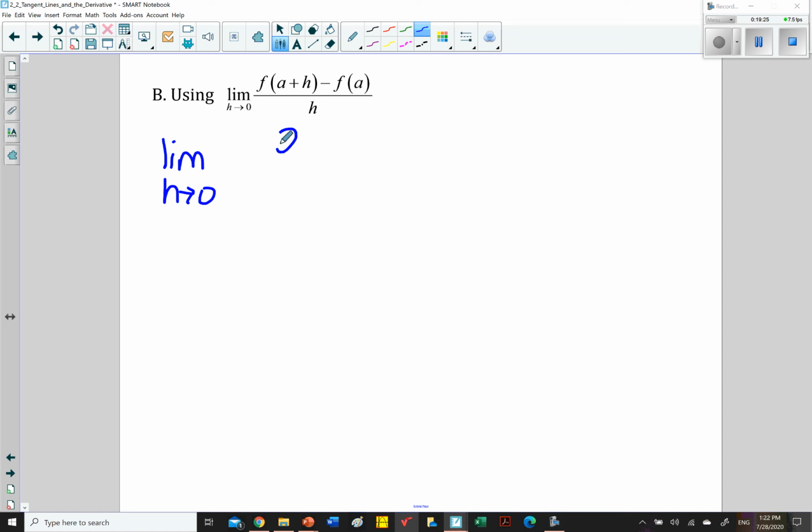So in this case, the function was 2 divided by x, and I want to put 3 plus h, because when y is 2 over x and x is 3, we're using this format.